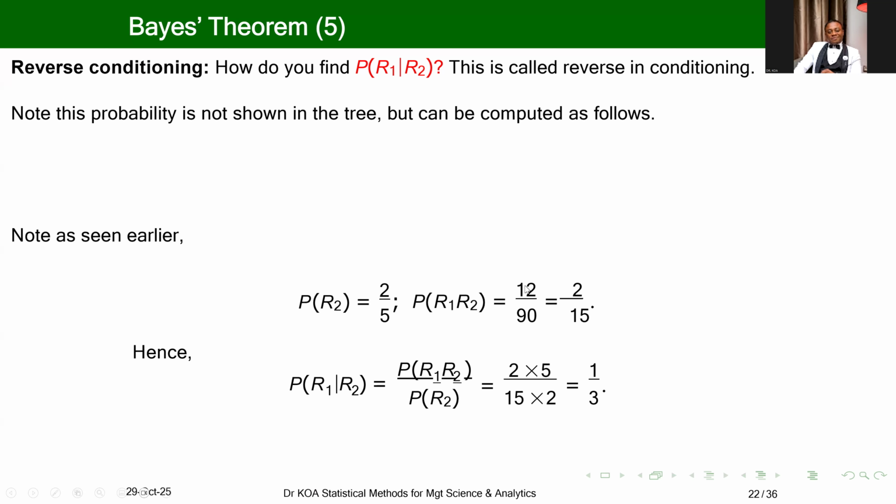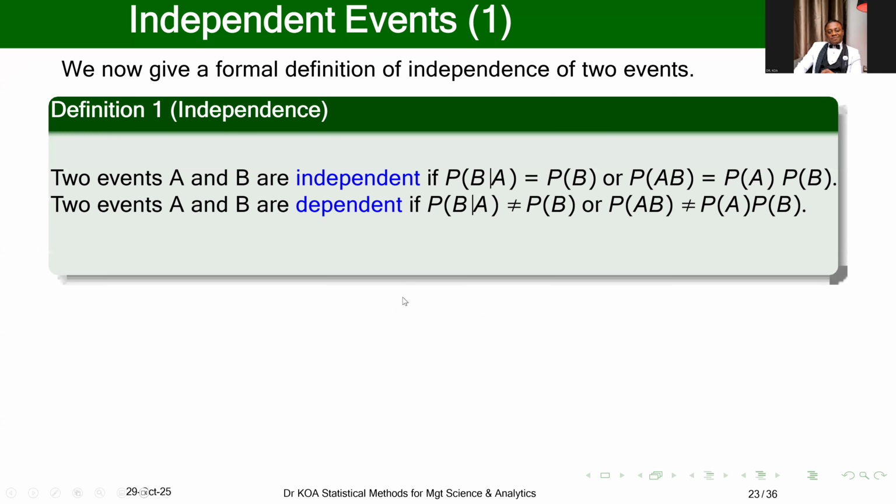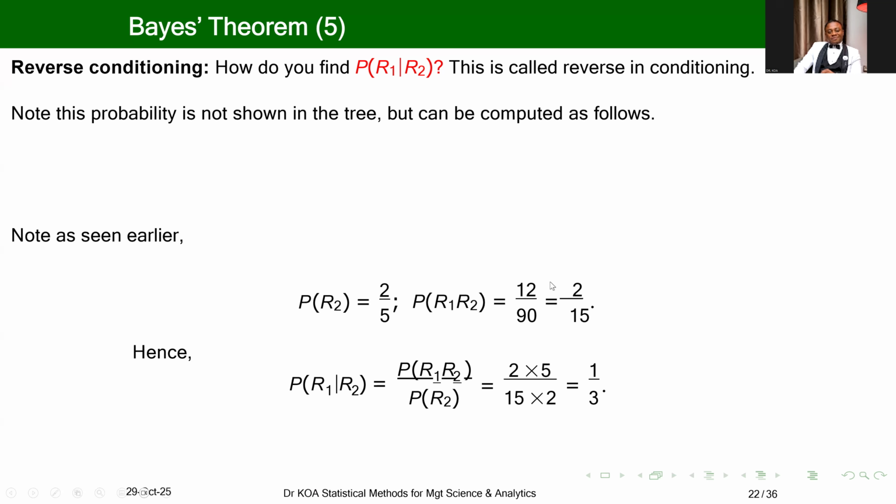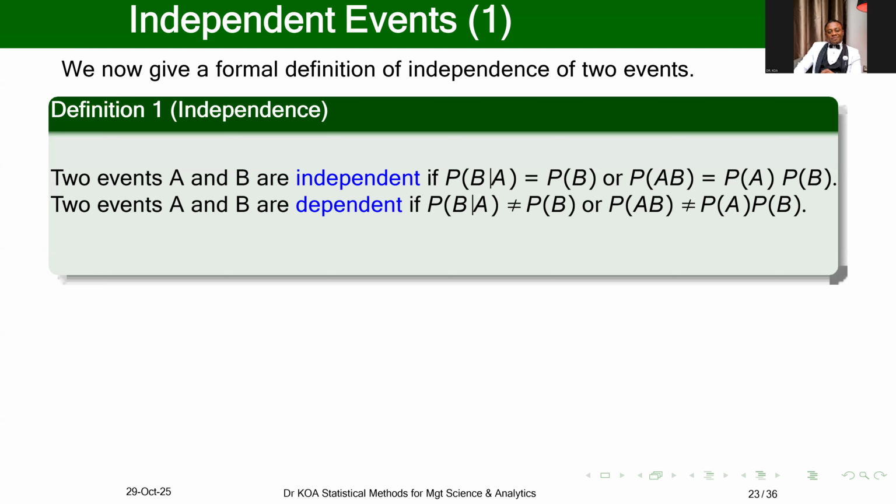And so you have 2 over 15 divided by 2 over 5. Did I calculate it well? Yeah, so it will cross multiply. Yeah, that is correct. I don't know why I brought the times there. That's correct. So that is how you find this.